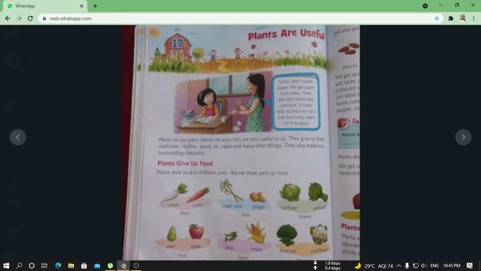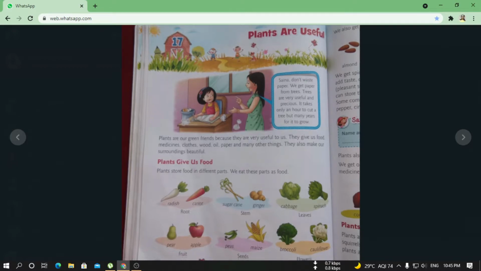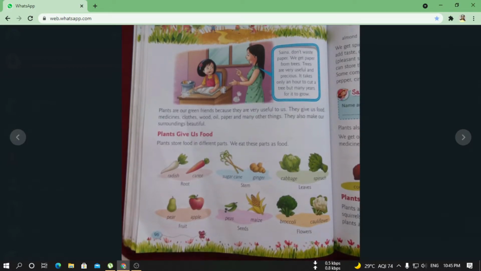Then stem: sugarcane, ginger, these we also eat. Then leaves: cabbage, spinach. Then fruits: pear, apple, many fruits we get from plants. Then seeds: peas, maize. Then flowers: broccoli and cauliflower.